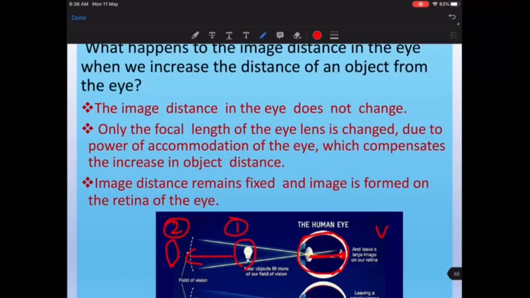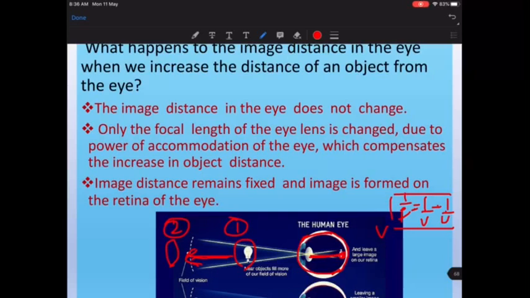The solution is that when your object distance changes, the lens will become thin or thick and change the focal length. So remember that your V will always remain constant.